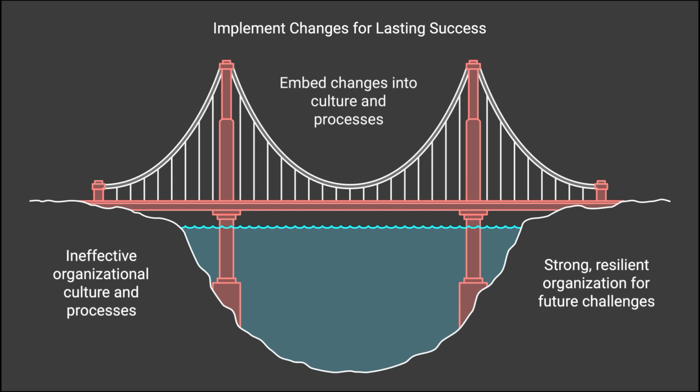While interviewing, collecting data, and diagnosing problems are essential, the real transformation occurs during implementation. This step bridges theory and practice, translating ideas into tangible outcomes. A well-executed treatment plan not only resolves immediate issues, but also strengthens the organization's resilience for future challenges.